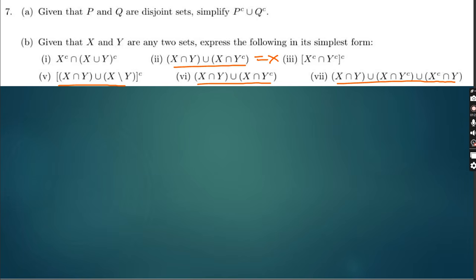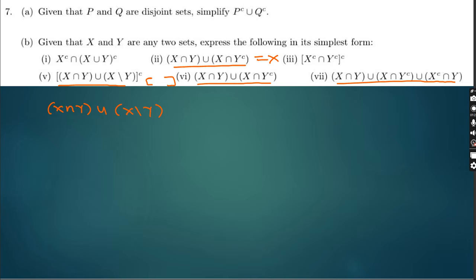So from here, first we have these brackets, and we have something inside. So let's try to do with what is inside. Inside we have x intersection y union x, the complement over y, the relative complement of y. This is what we have inside.